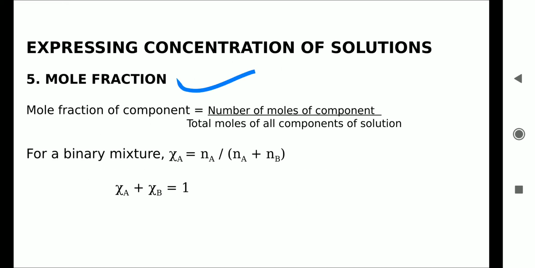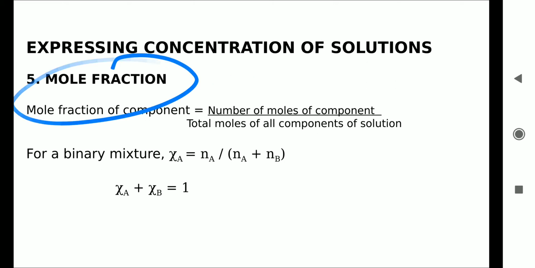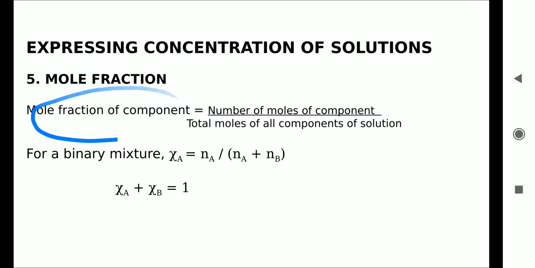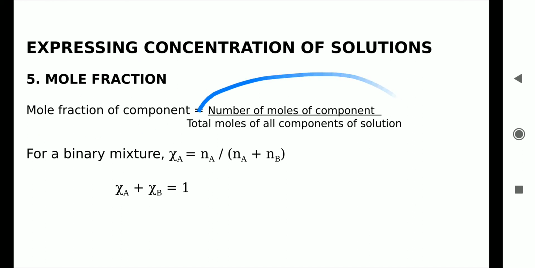Now next is mole fraction. It is also a way of expressing concentration. Mole fraction of any component is equal to the number of moles of that component upon the total number of moles of all components of the solution. For example, in a binary mixture, meaning having two components, component A and component B, this symbol, the X-like symbol, is for mole fraction and it is called chi.